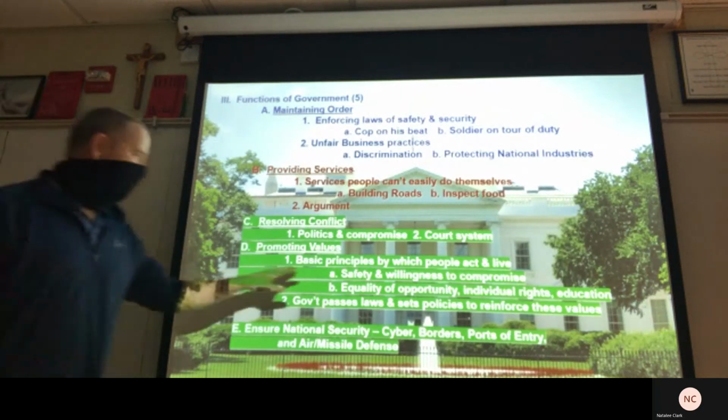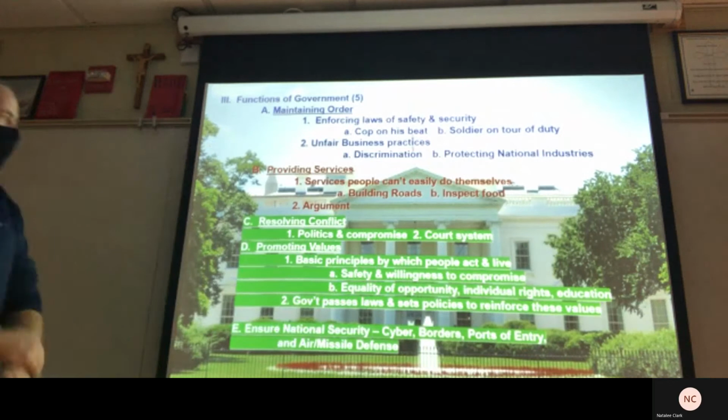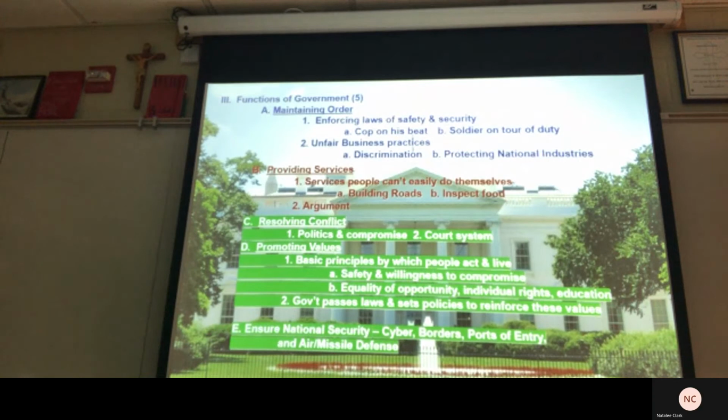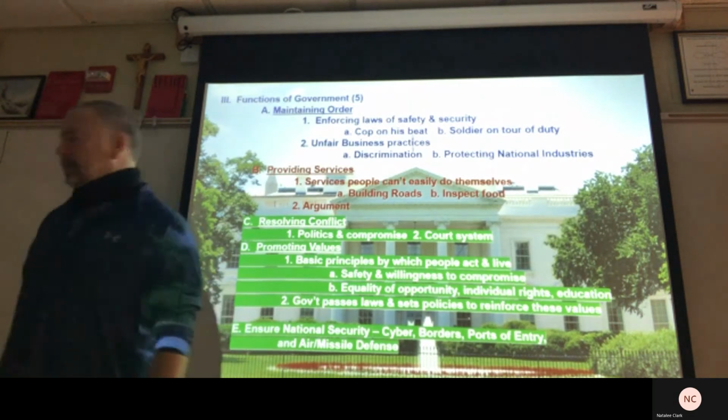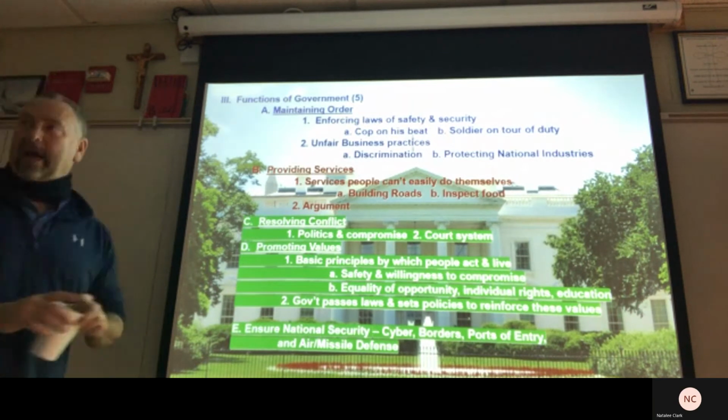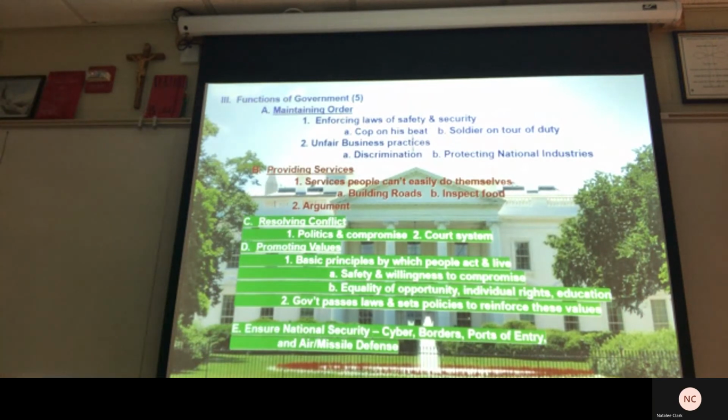Values are basic principles by which people live and act. Government can't legislate morality, I think I talked about this before. You can't say, hey, you have to live this way, that adultery is a crime and stuff like that. I don't know if you want to live in that society.